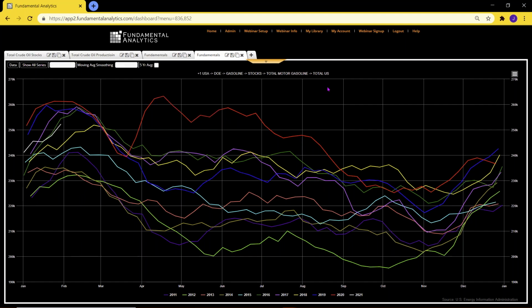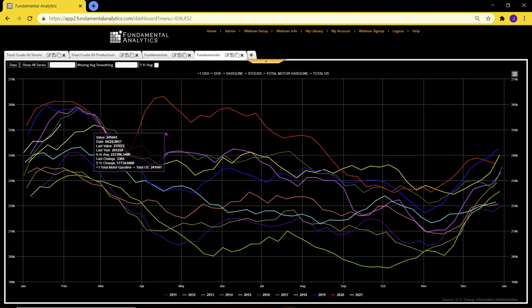Now we see last year, the red line, it did not fall off for the reason that back in March of 2020, when the country closed down basically, the need for gasoline also just collapsed. So the refiners were still operating and producing the gasoline, but it wasn't being purchased or used by the commercial public.